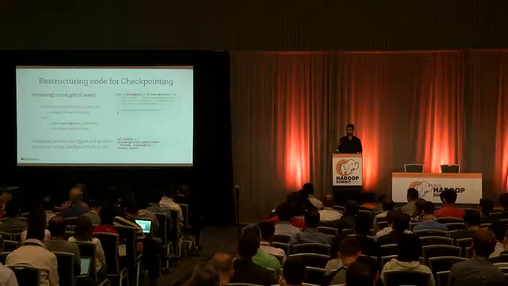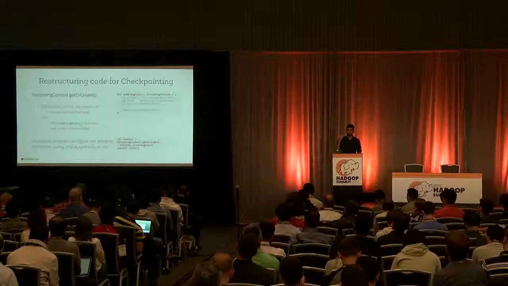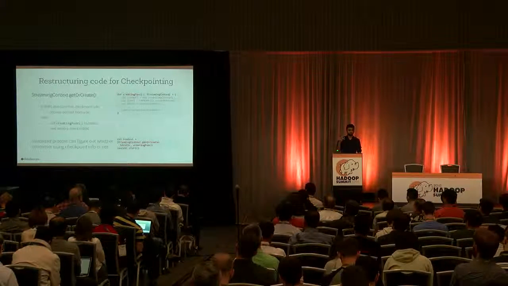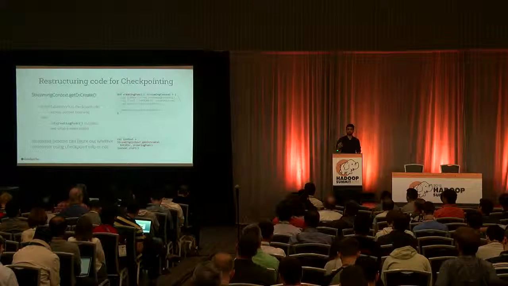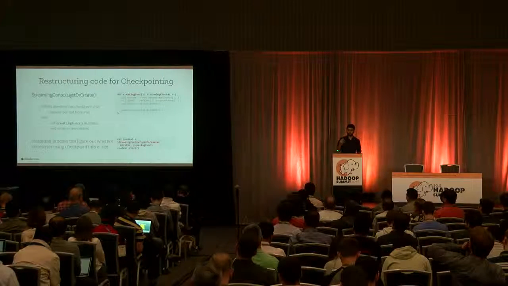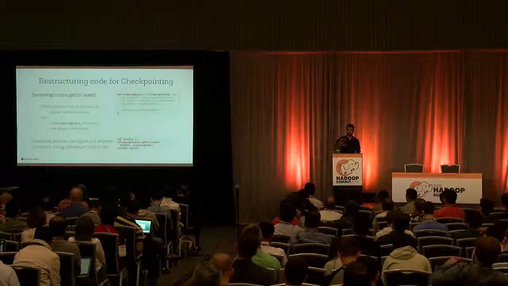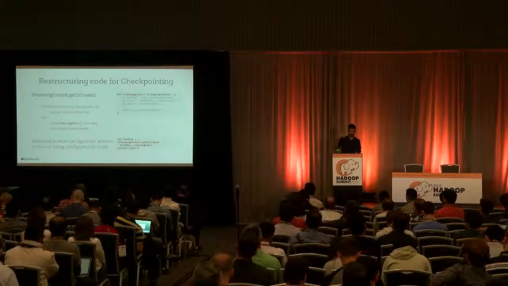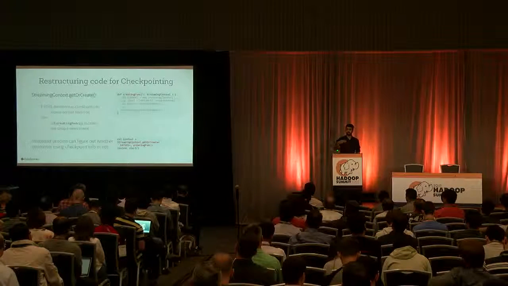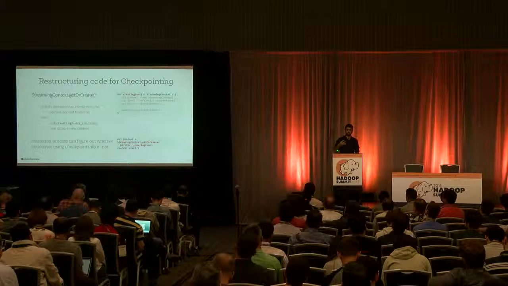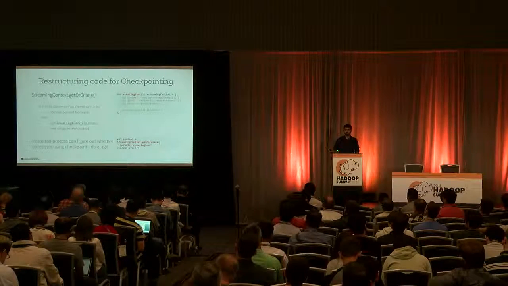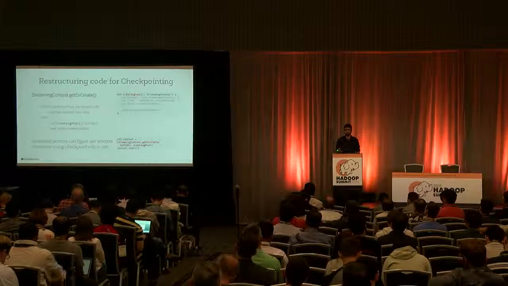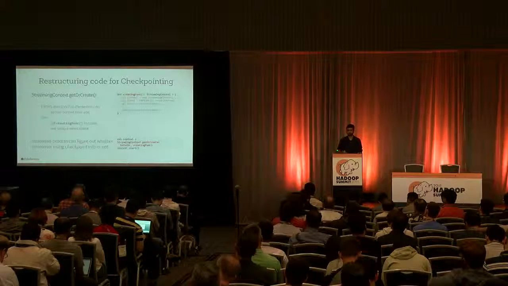Else, if it does not find the checkpoint information, it will call the factory function to set up a new context and start from there. So once you write your code using this pattern, if the code gets restarted, it will automatically take care of whether it has to start fresh or restart from checkpoint information. So this is the restructuring you need to do.